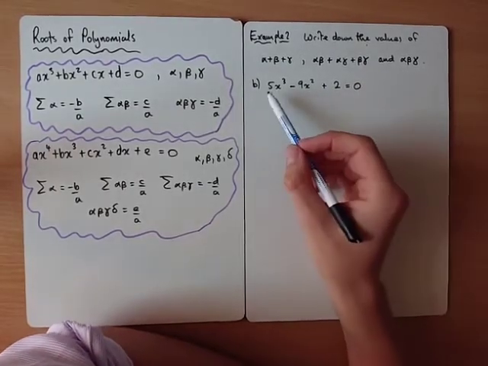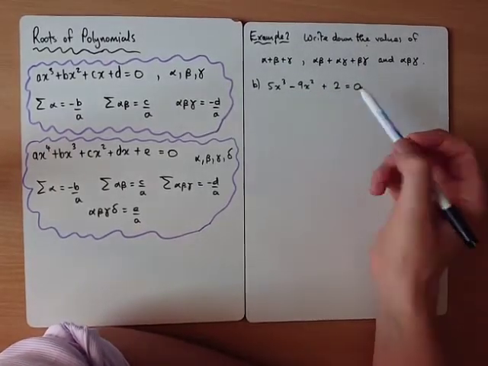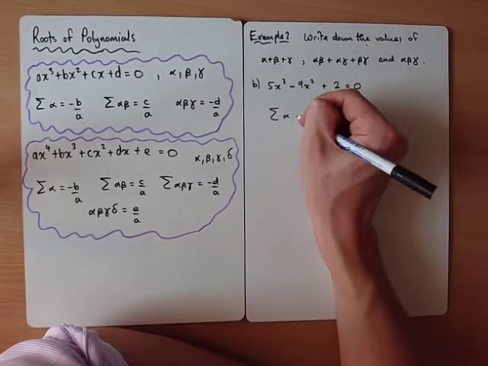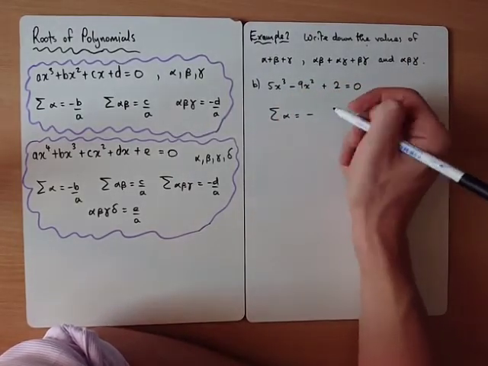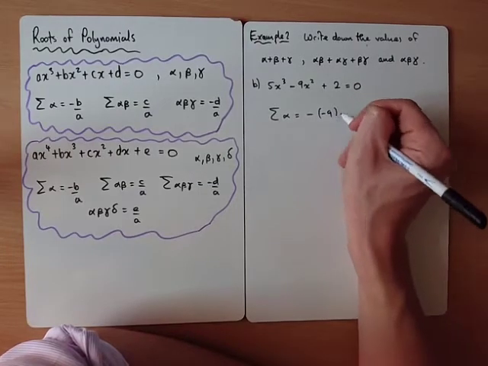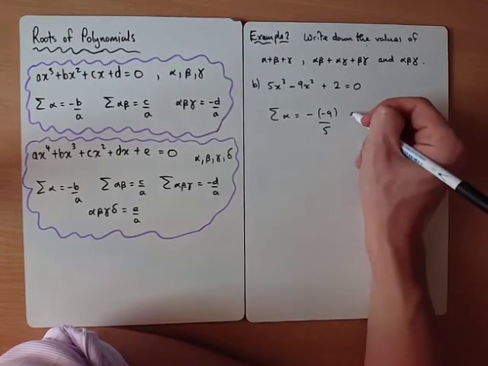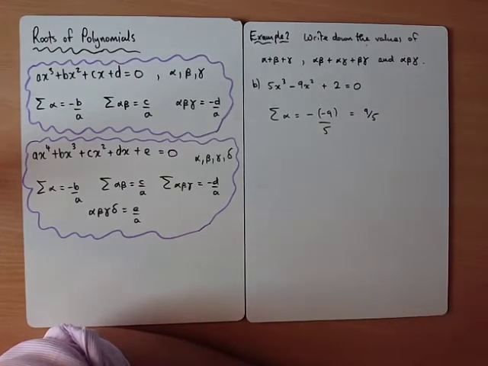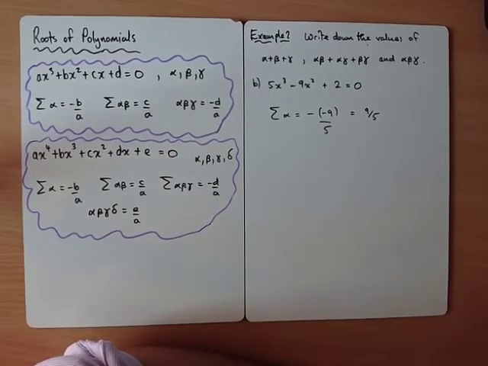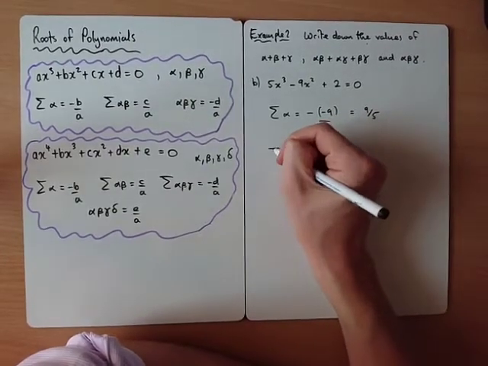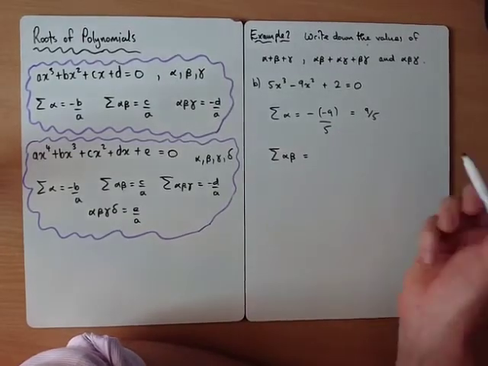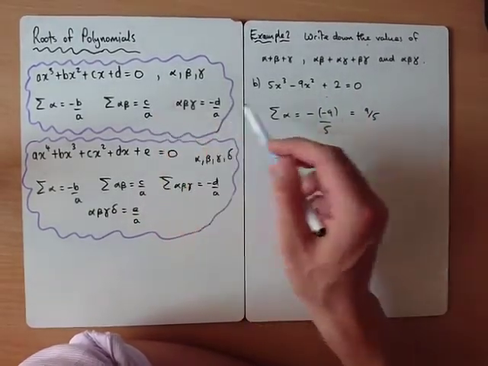For the next one, we've got 5x cubed minus 9x squared plus 2. So the sum of the roots, minus b, so minus minus 9 over a, 9 over 5. And then the sum of the pairs, sorry, should be c over a.